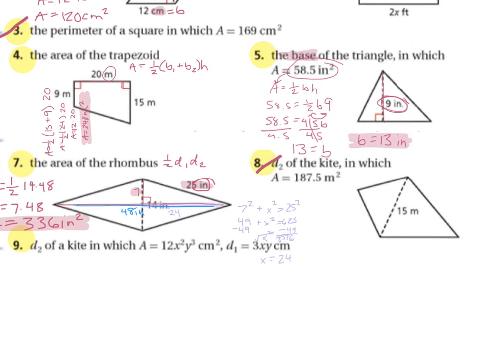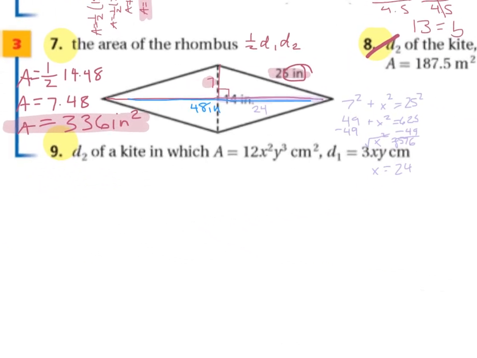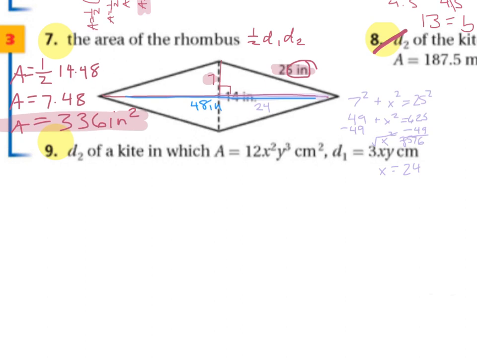So next, we did number 8, so now number 9. It's asking us to find the diagonal 2 of a kite in which the area is 12x squared y cubed centimeters squared, and diagonal 1 is 3xy centimeters. So we know the area of a kite is 1/2 diagonal 1 times diagonal 2.